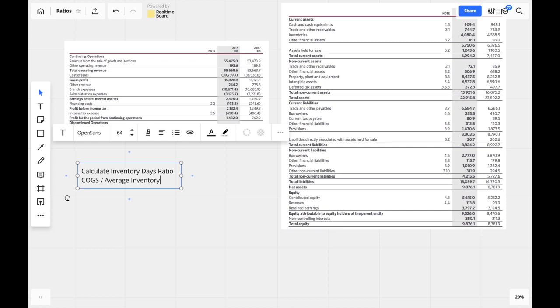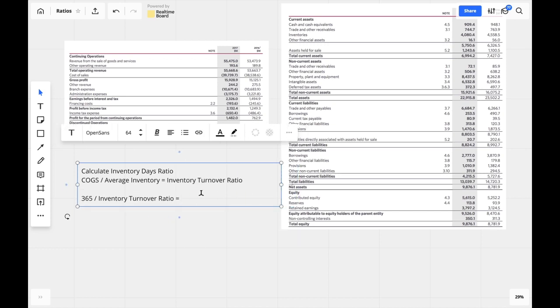Then, if you take 365 and divide that by your inventory turnover ratio, that is your inventory days ratio.